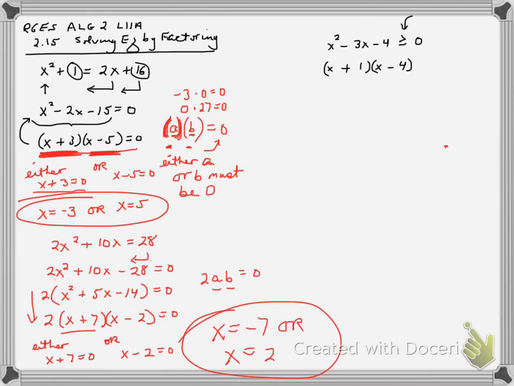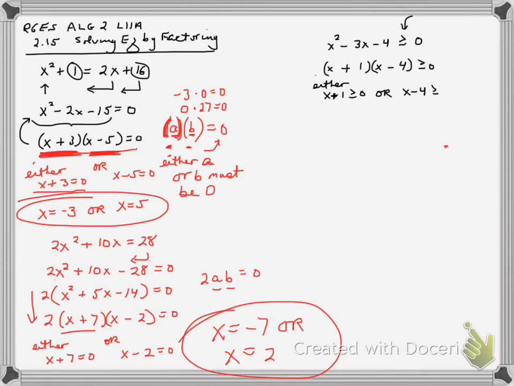Now, what do I do at this point? Well, I'm going to go ahead and solve. I guess I'll write it out just as we have been. Either x plus 1 is greater than or equal to 0, or x minus 4 is greater than or equal to 0.